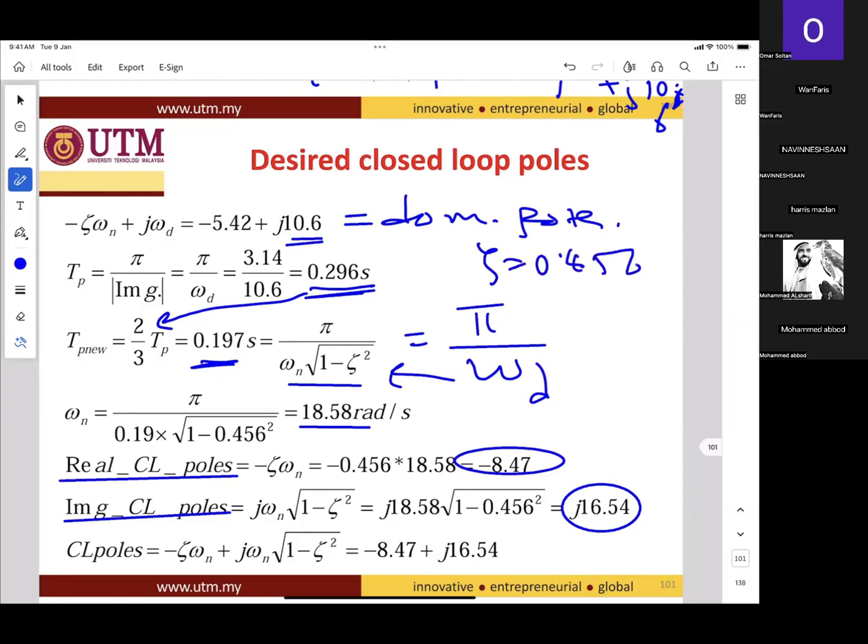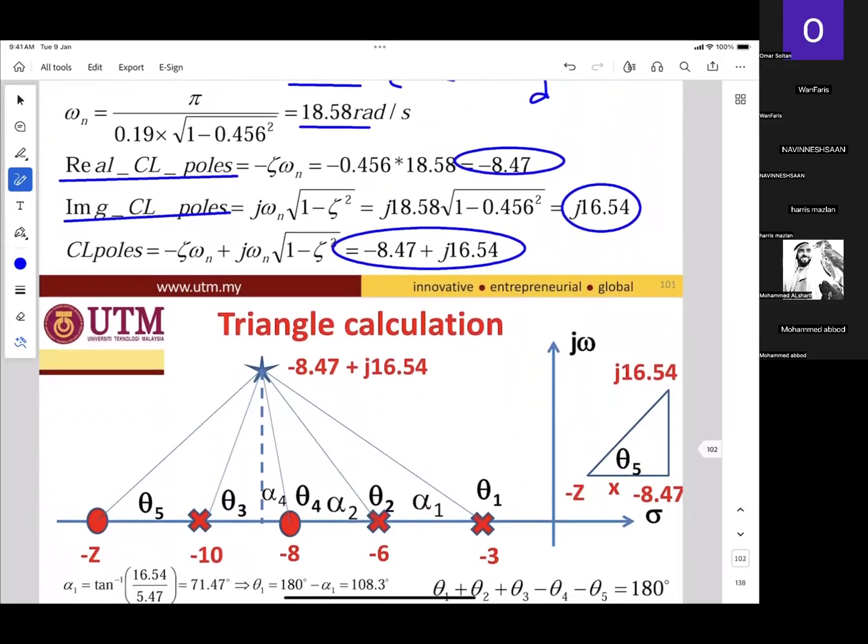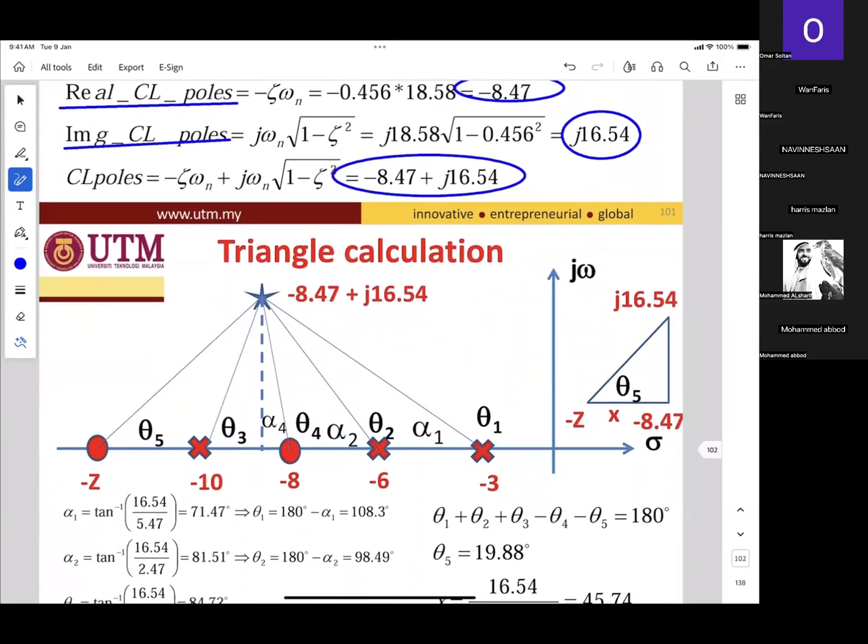Zeta has no change, maintained at 20%. And this is the new closed loop pole, which is minus 8.47 plus j16.54. Then put it in the graph, sketch the graph.